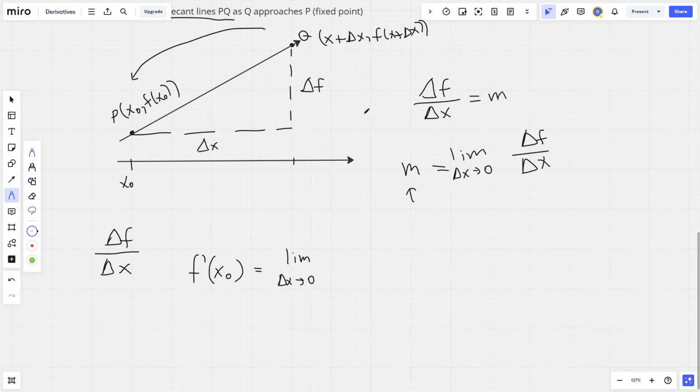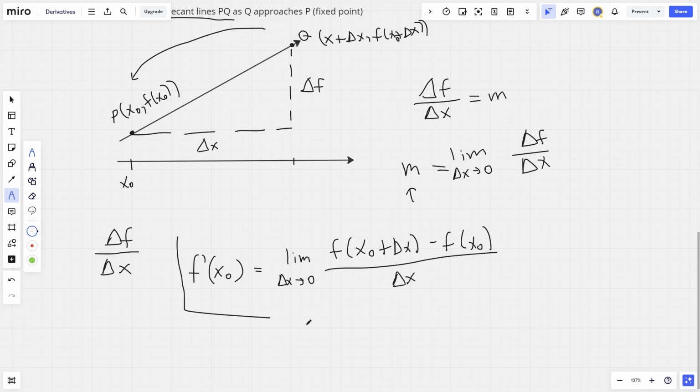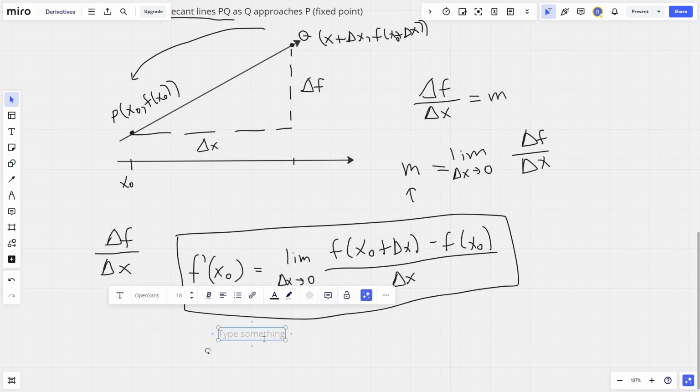And the change in y is simply f of x0 plus delta x minus f of x0, and the change in x is just delta x. And this, we call the difference quotient.